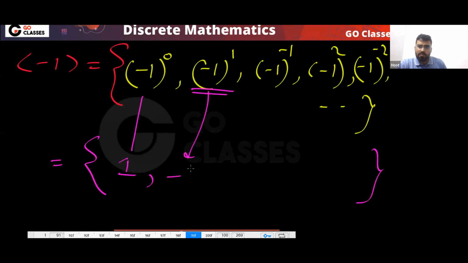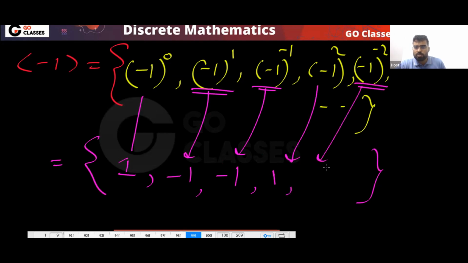What is -1 inverse? -1 inverse is -1. -1 power 2 is 1, and so on. So if you notice, that will be 1 comma -1. This is the subgroup generated by -1. Anyone has any doubt in this?